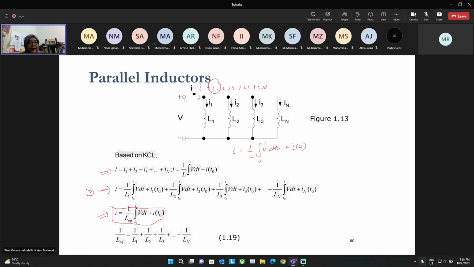So comparing this equation number 2 and number 3, you akan dapati 1 over L equivalent adalah sama dengan 1 over L1 plus 1 over L2 plus 1 over L3 plus 1 over Ln. So untuk parallel cases, inductor sama macam resistor. Parallel, you kena kira dengan cara macam ni lah. Okay?